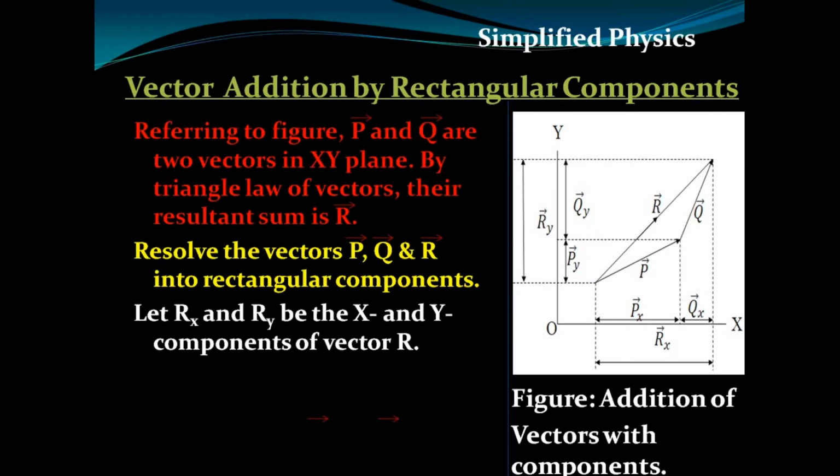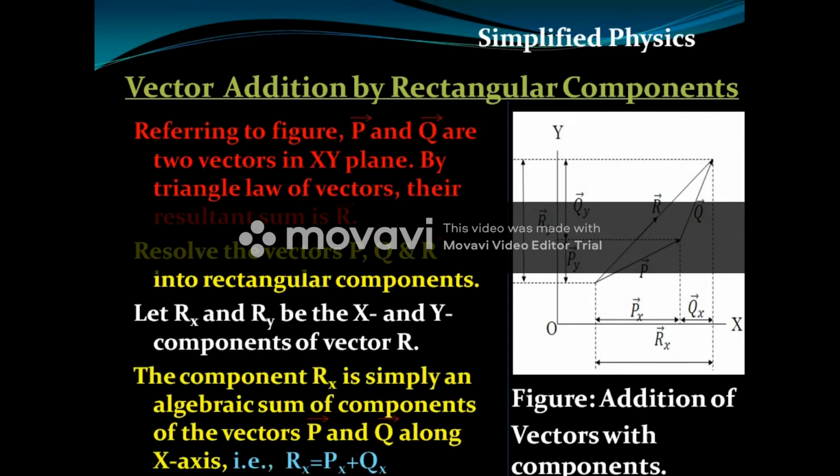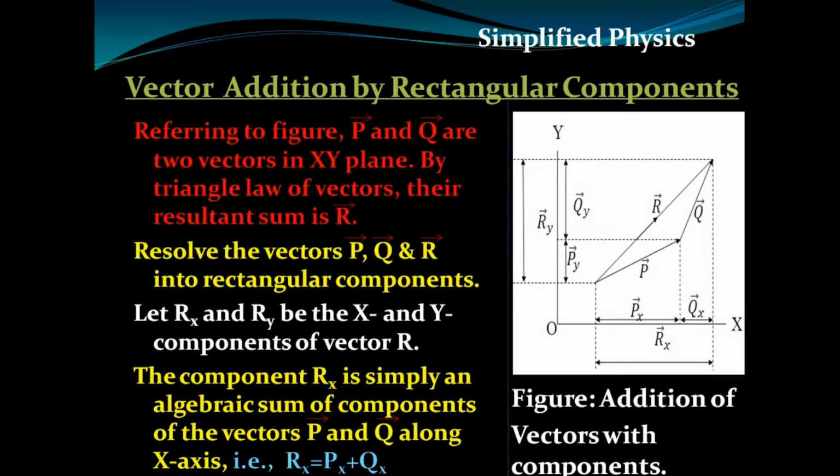Let Rx and Ry be the x component and y component of the vector R, that is, the vectors along the x-axis and y-axis. The component Rx is simply the algebraic sum of the components of the vectors P and Q along the x-axis.